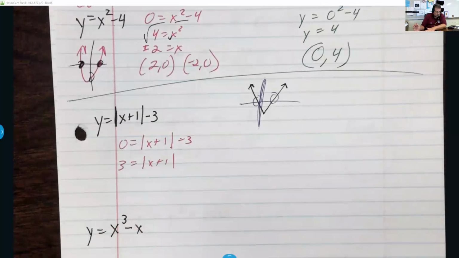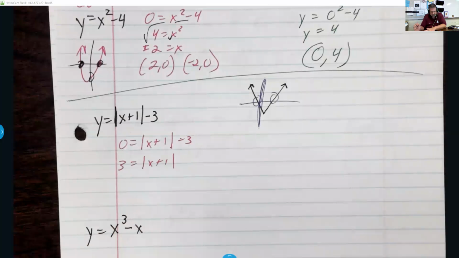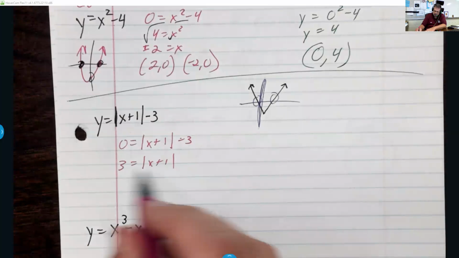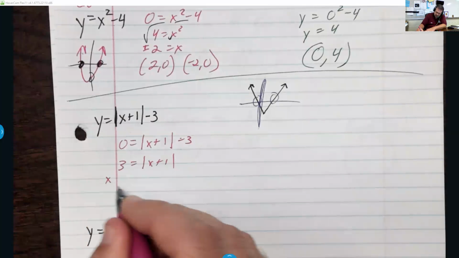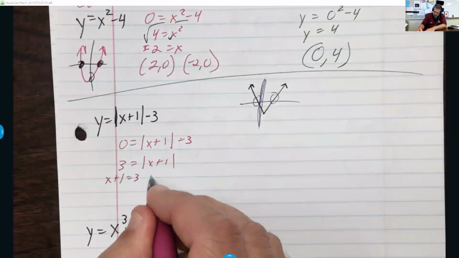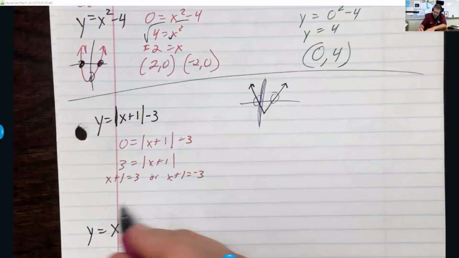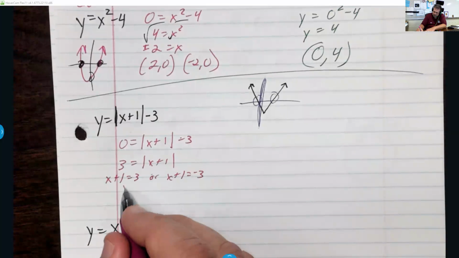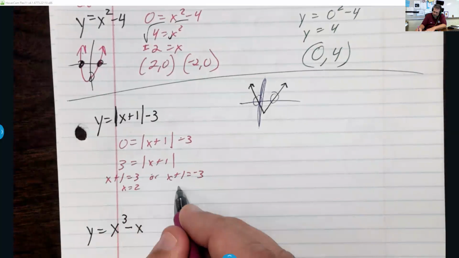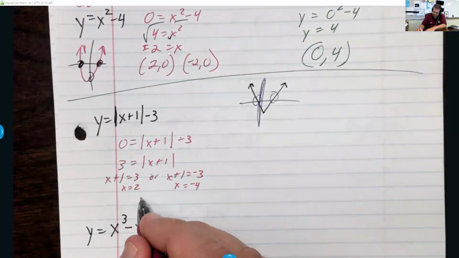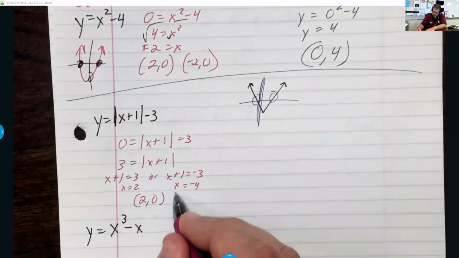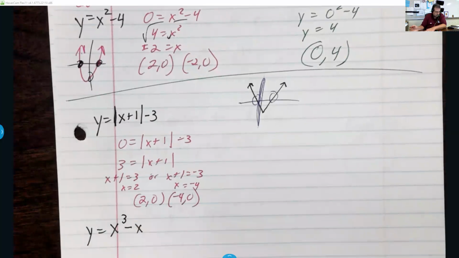And then remember in 1.7, which is on this test, you can solve this by splitting it up. x plus 1 is equal to 3, or x plus 1 is equal to negative 3. And we're going to get two answers. x here is at 2, and x here is at negative 4. So we're going to have intercepts at (2, 0) and (negative 4, 0).